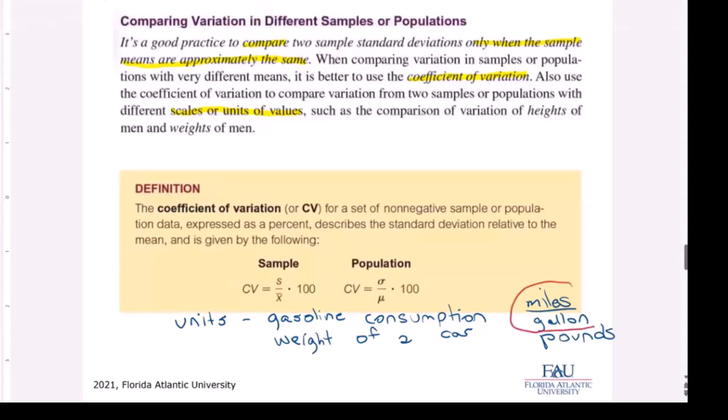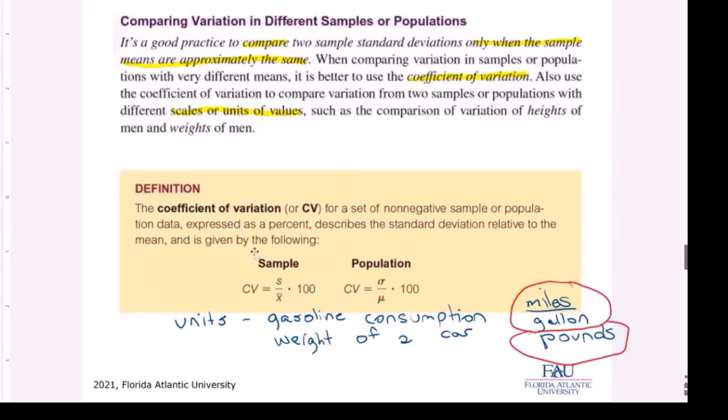Miles per gallon is units, pounds is units. If we're going to compare things that have different scales or units of measure, then we would again be more likely to use this coefficient of variation, such as a comparison of variation of heights of men with heights of women. Again, they're going to be different, even though they have the same units.